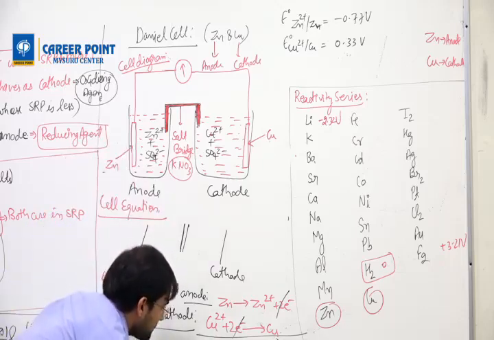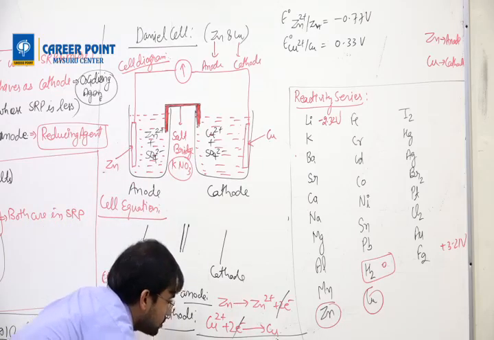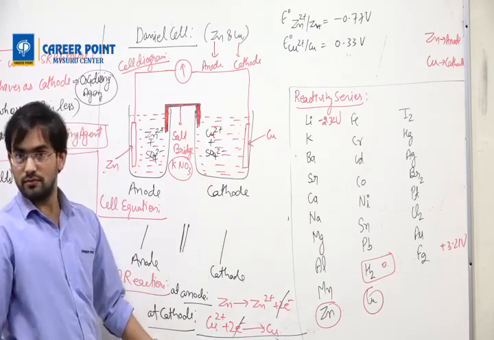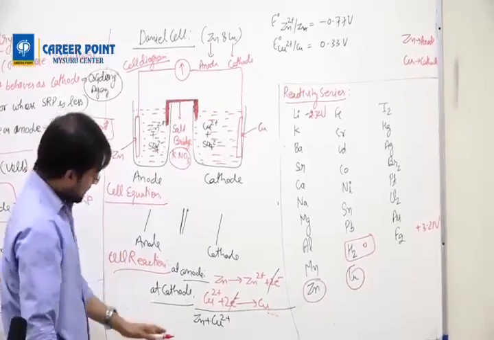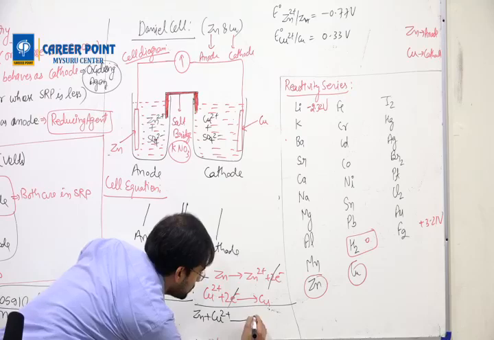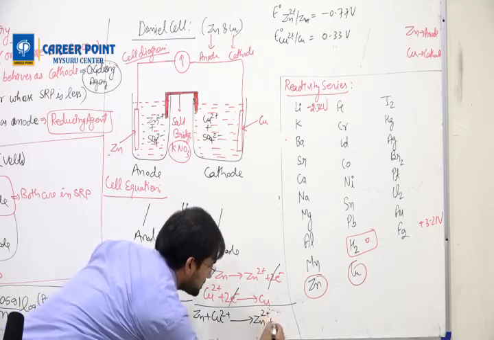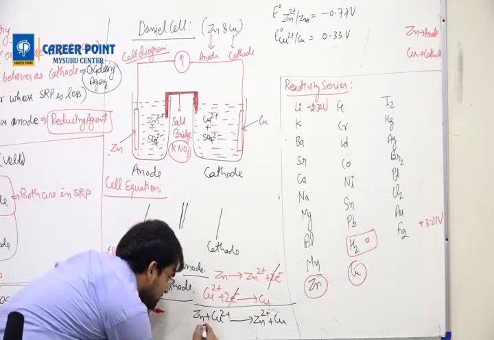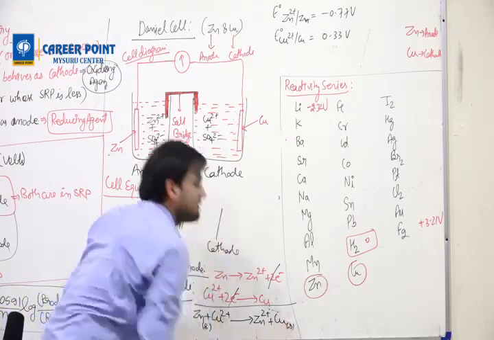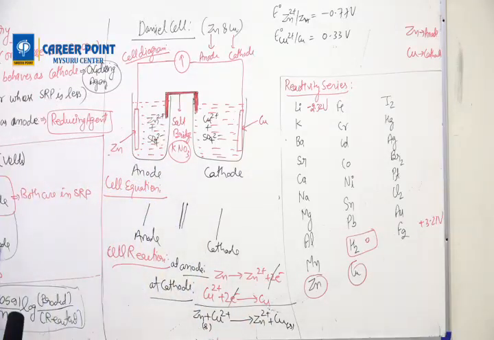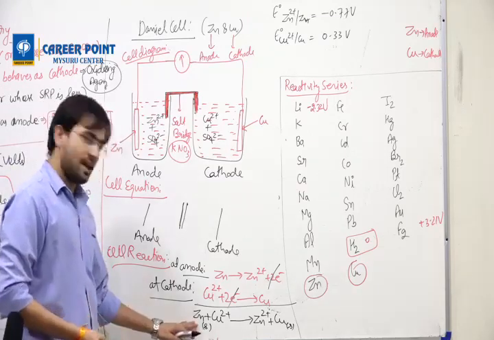I will write Zn plus Cu2+ gives rise to Zn2+ plus Cu. The important thing here is this is solid. The trick here is whichever doesn't get a charge is solid. So this is the cell reaction.